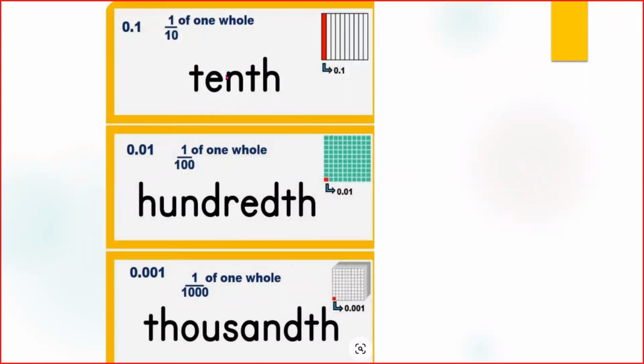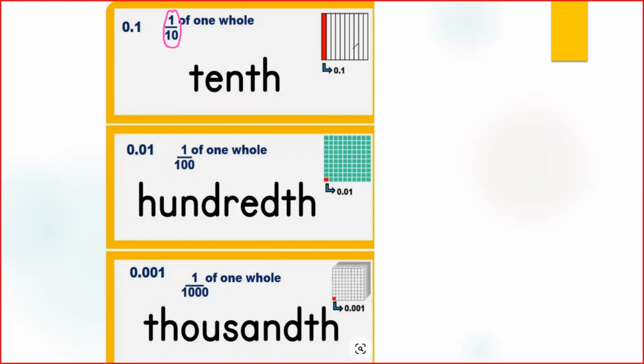I didn't start from the book, just an explanation. As I told you, the numbers to the right of the decimal point we call tenths, hundredths, and thousandths. Now, what do I mean by tenth? Tenth means I have one whole and I shade 1 from the 10. So I say 1/10 from the whole.